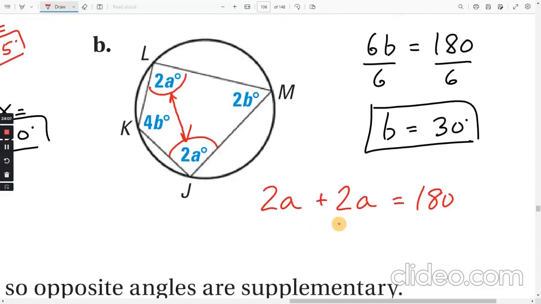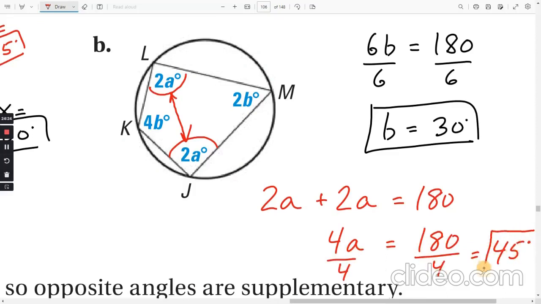Combining like terms, 2A plus 2A is 4A. And this is A times 4. The opposite is divided by 4. And 180 divided by 4 is 45 degrees. So that is for A.